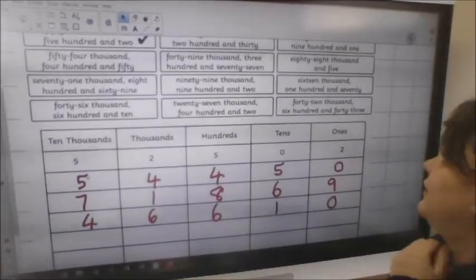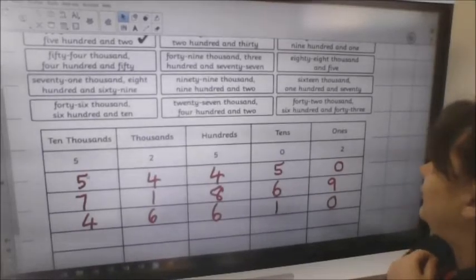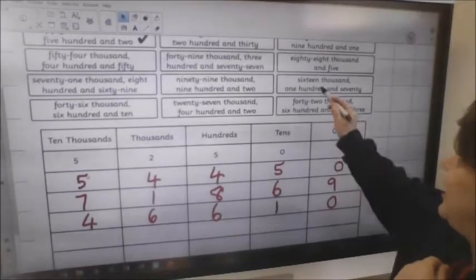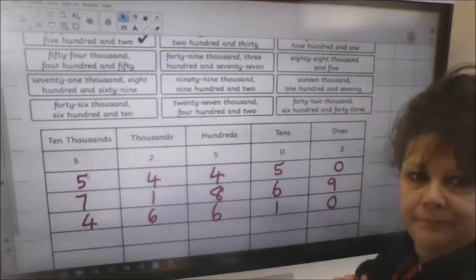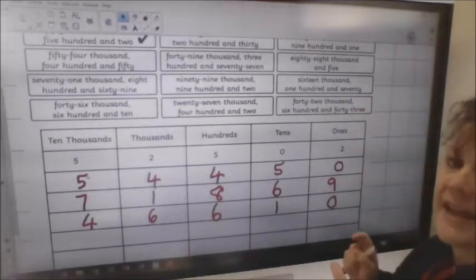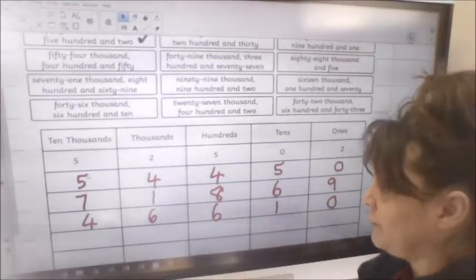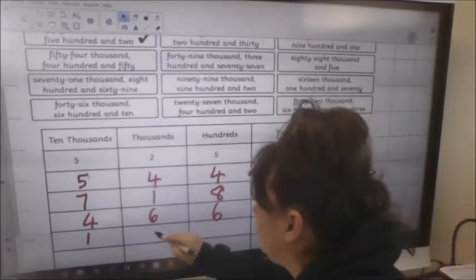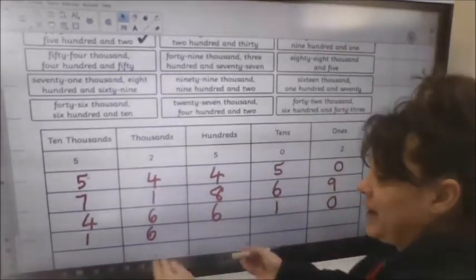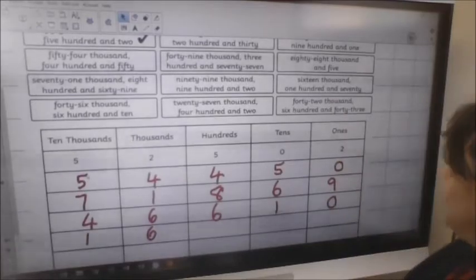Okay, and then I've got a little activity for you to do. Let's do 16,170. So 16,000. Well, 16 is 10 and 6. So I know I've got one 10,000. I've got another 6,000. That makes my 16,000.